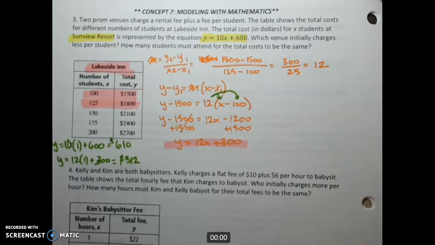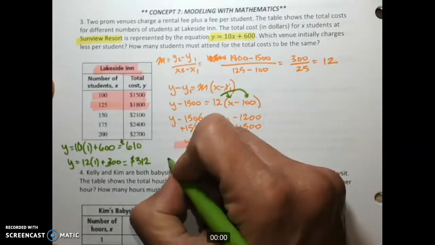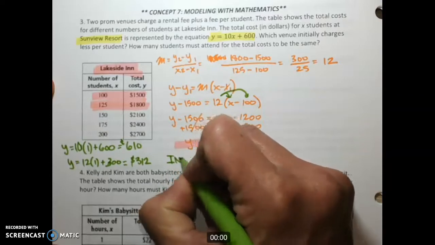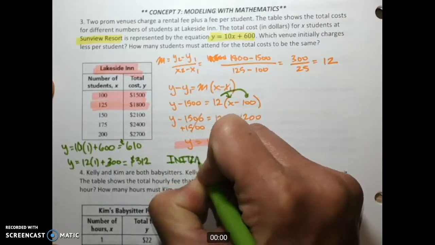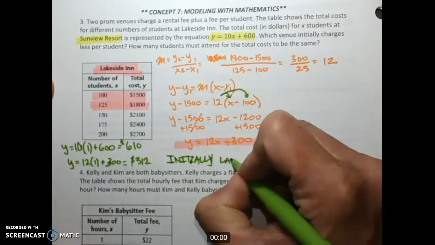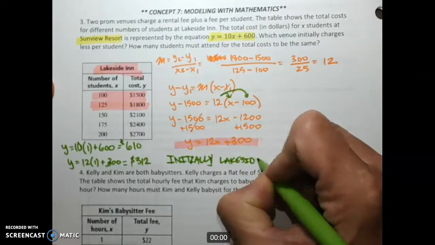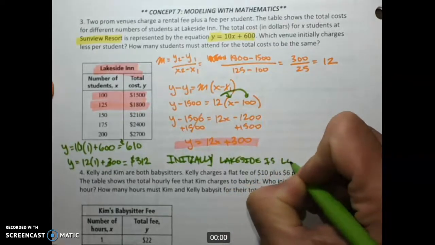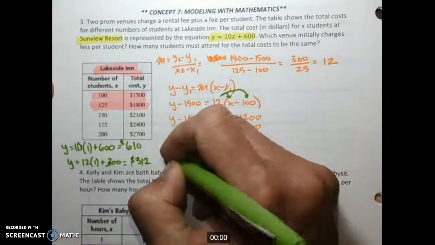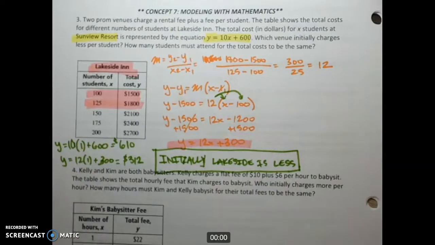Just because if I put in one student, for one student, it's costing less for Lakeside. Alright, no other way to answer that except maybe writing an answer there.